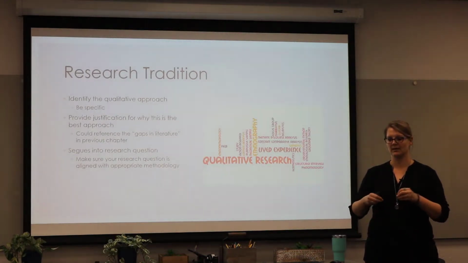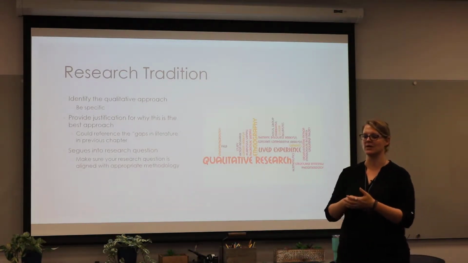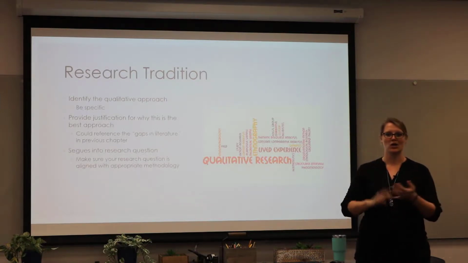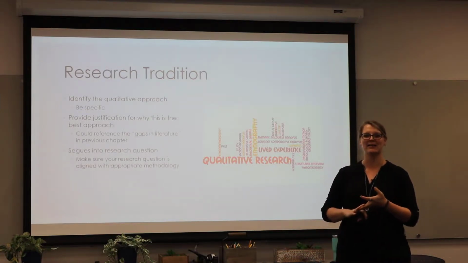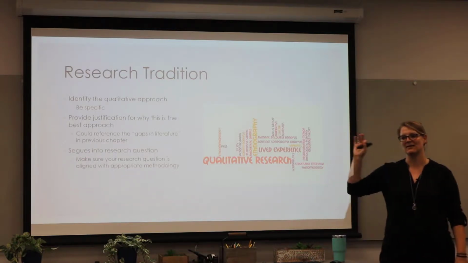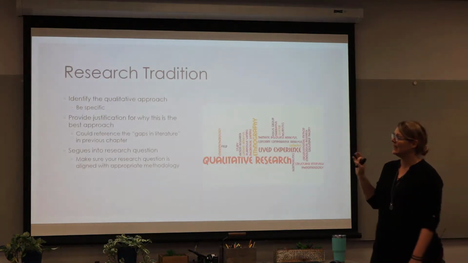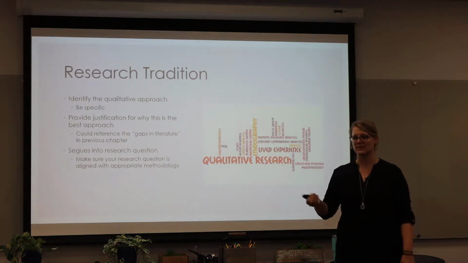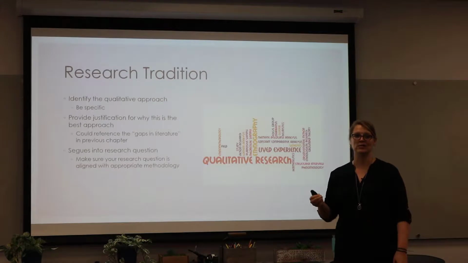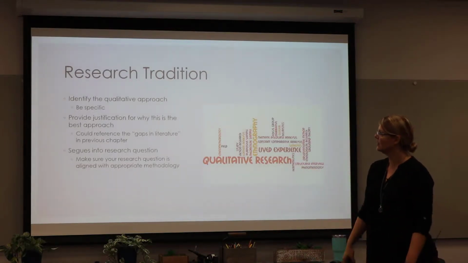And they can have some specificity in dealing with a specific phenomenon, but you are avoiding words like cause, effect, impact, things like that. In quantitative research, you often will see multiple research questions. In qualitative research, you don't see multiple questions as often. Generally, it's one big question that you're trying to answer.